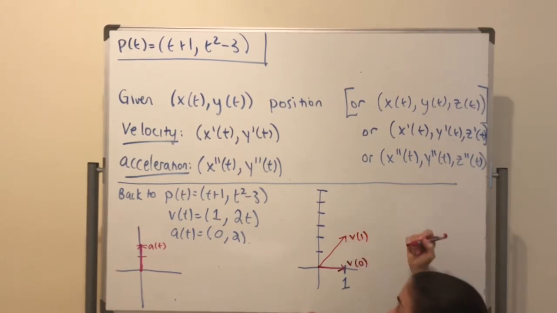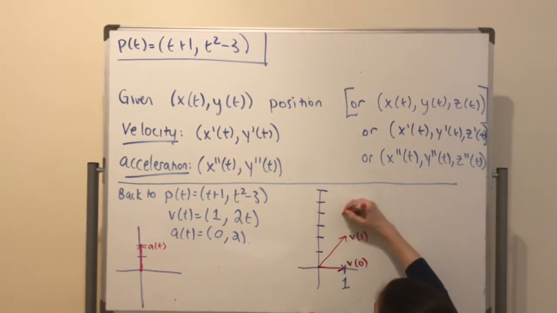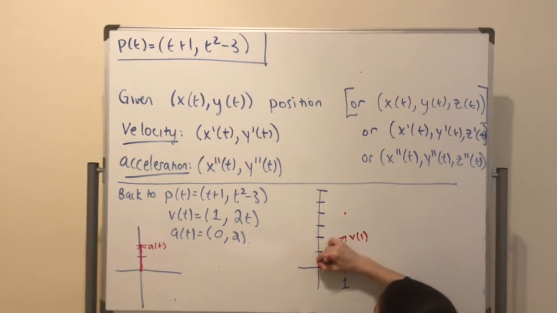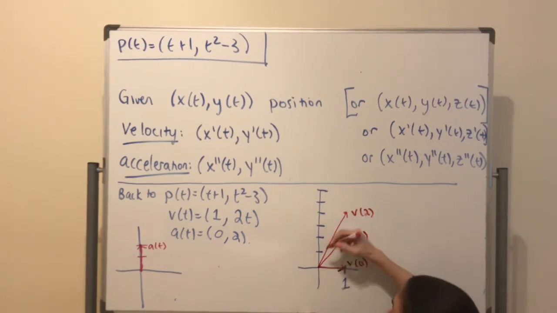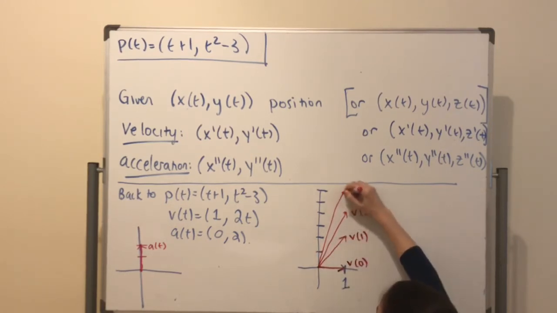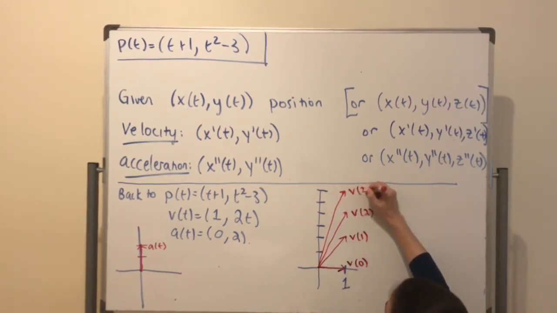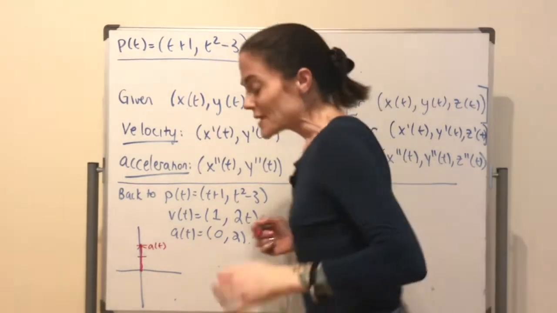When t equals 2, the velocity is 1, 4. And finally, the last one I'll graph is when t equals 3, the velocity is 1, 6.